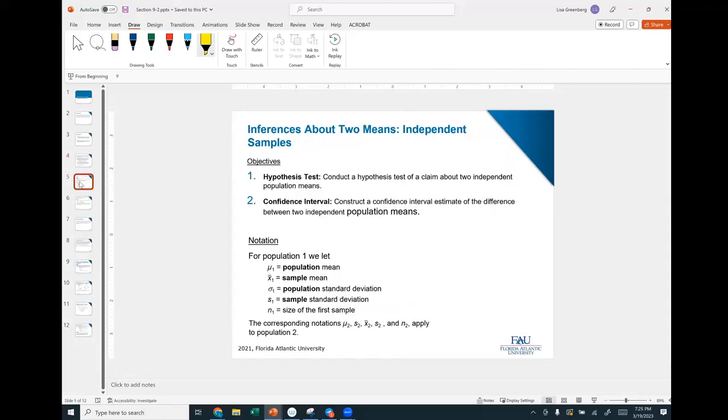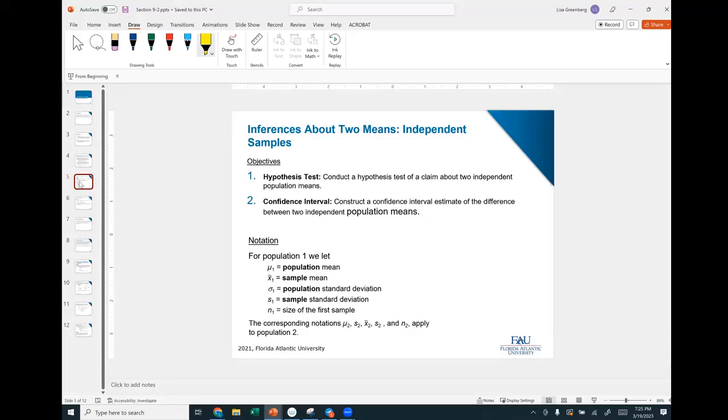So we have our objective. We can conduct a hypothesis test of a claim about two independent populations, and of course, a confidence interval. So we can construct a confidence interval estimate of the difference between the two independent population means. So we're actually going to look at mu1 minus mu2, the difference in the population means. Our notation is going to be the same notation we've had before.